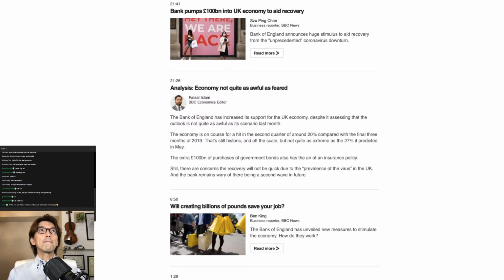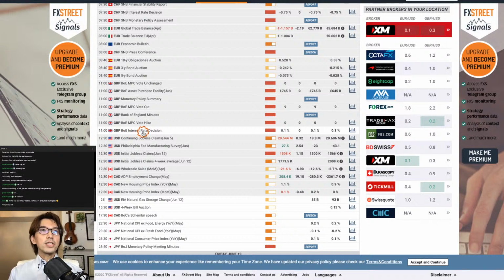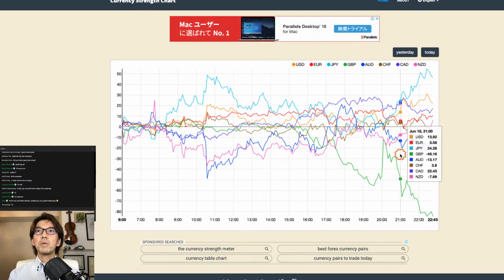And that was on the news about this GBP BOE interest rate decision, and also there was a speech about that monetary policy meeting today. And due to that news, currently GBP has been sold, and if you look at the currency strength chart right now, GBP has been going down, so that's why it's going down.